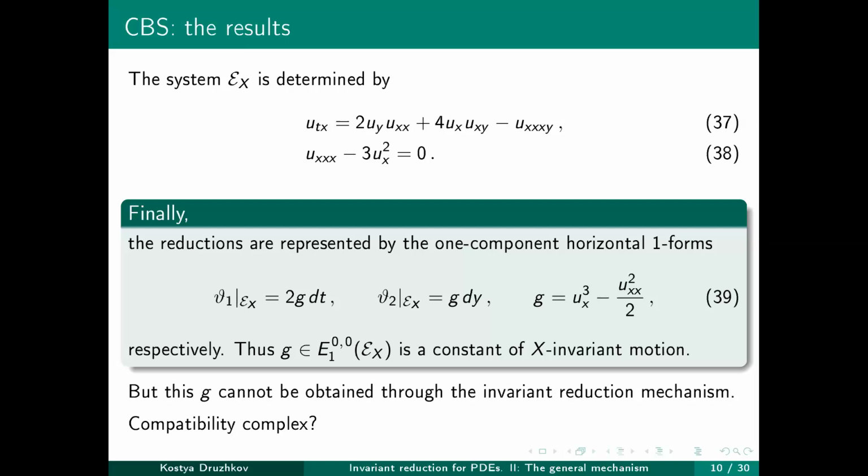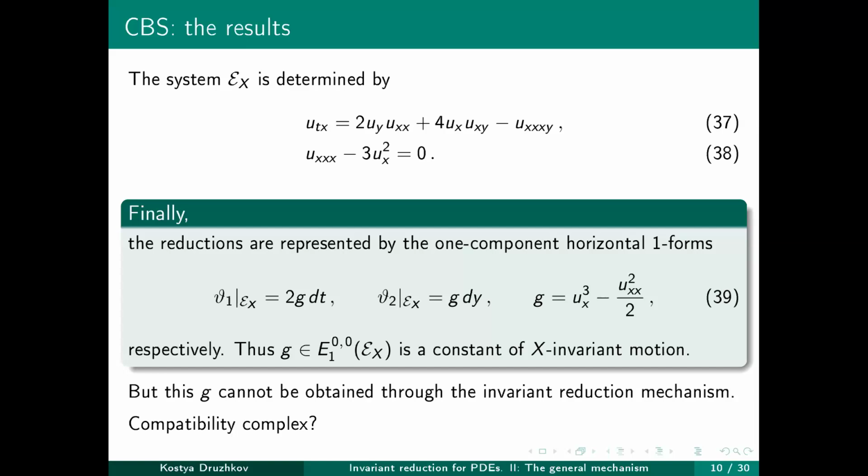And even in this case, if I want to establish the non-triviality of these reductions, I must demonstrate that they do not lie in the image of some differential operator, again, because the length of the compatibility complex is at least 4. Their non-triviality in terms of compatibility complex, in terms of the K-line theorem, means that they must not lie in the image of some differential operator.